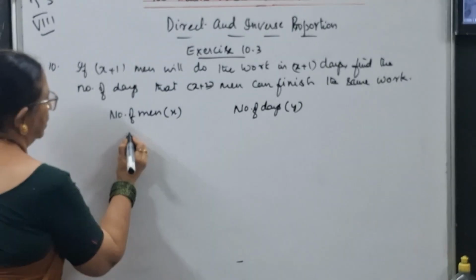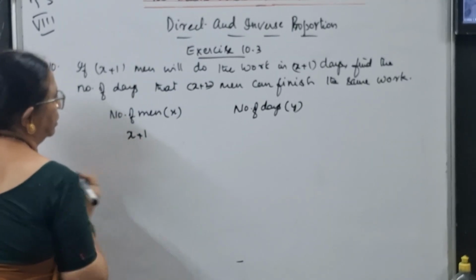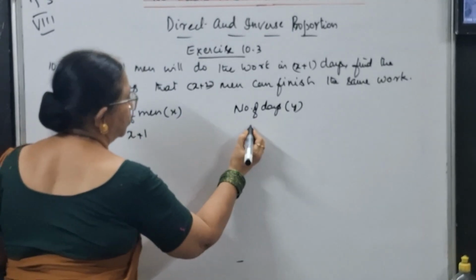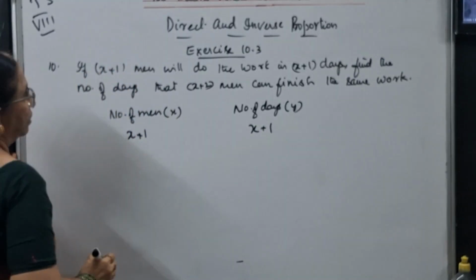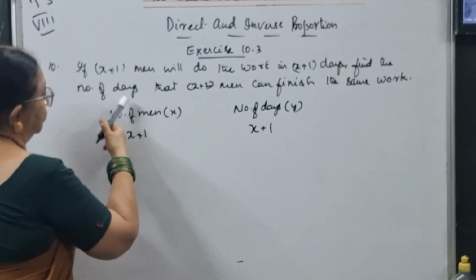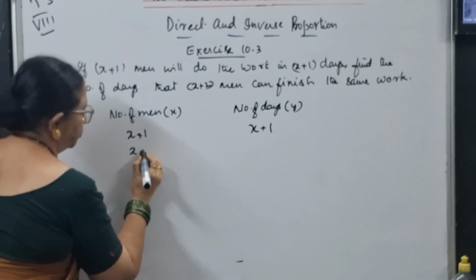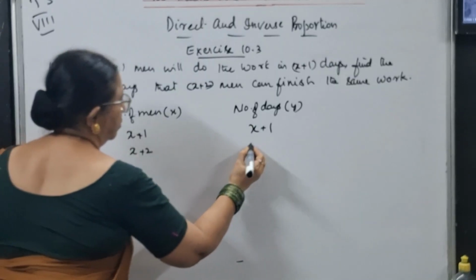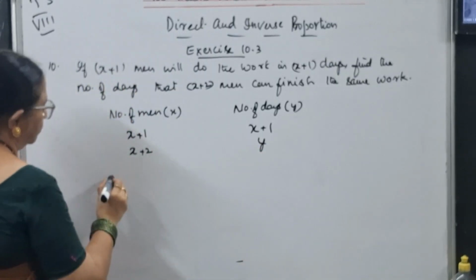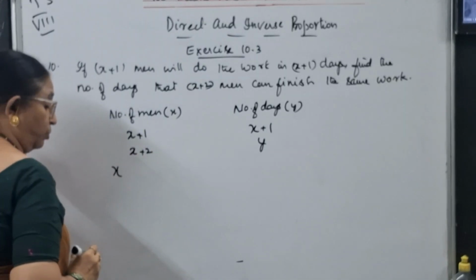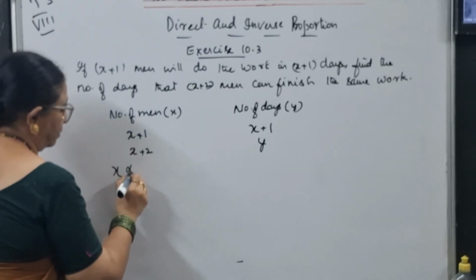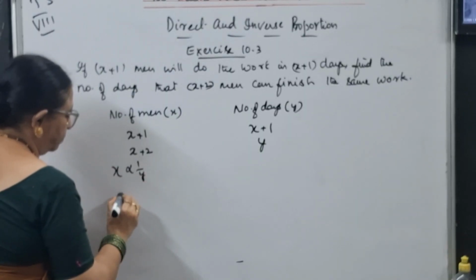What did they say? X plus 1 men can do the work in x plus 1 days. Find the number of days that x plus 2 people will do. Number of days y.